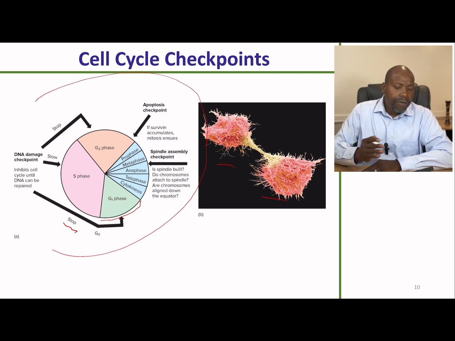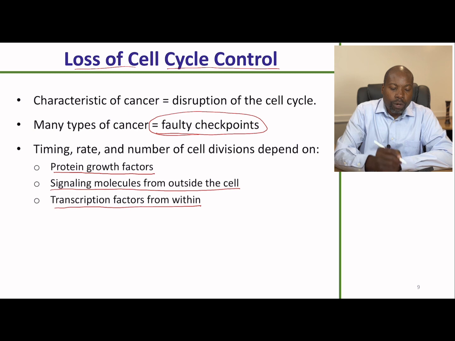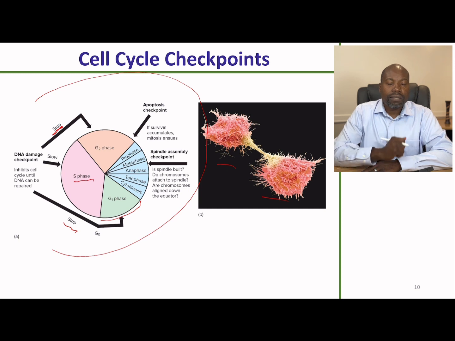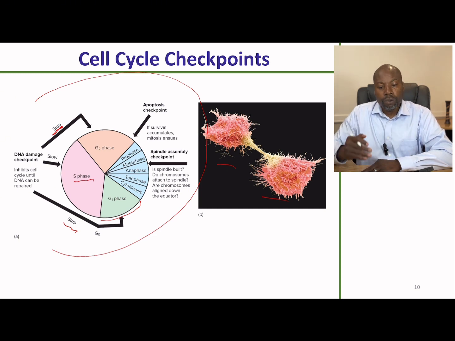If everything is okay, then the cell moves to the S phase, where DNA is replicated. As DNA is replicated, the machinery of replication can make mistakes, which means we also have to check the integrity of DNA here. If there are issues with DNA, they need to be fixed. Therefore, the checkpoint is going to say, stop the cell cycle, so that this is repaired in the first place before we move on.